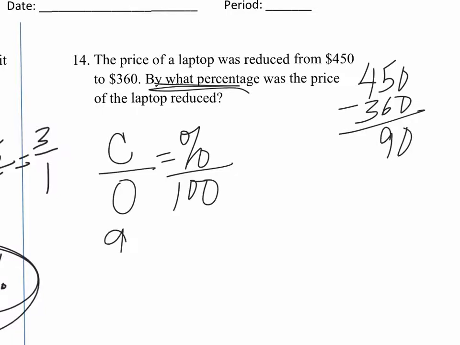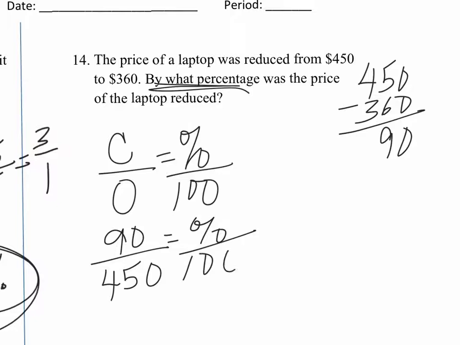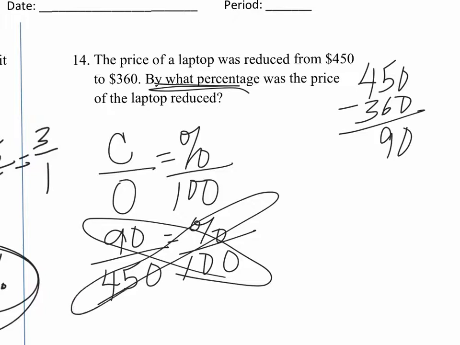So you have 90 over the original cost of 450. Equal to the percent, which we're looking for, out of 100. It's a proportion. You're looking for your cross products. You have 450x equal to 90 times 100.